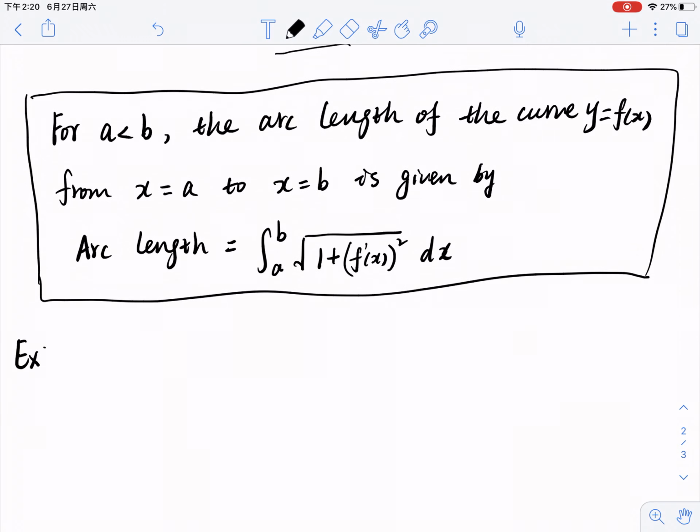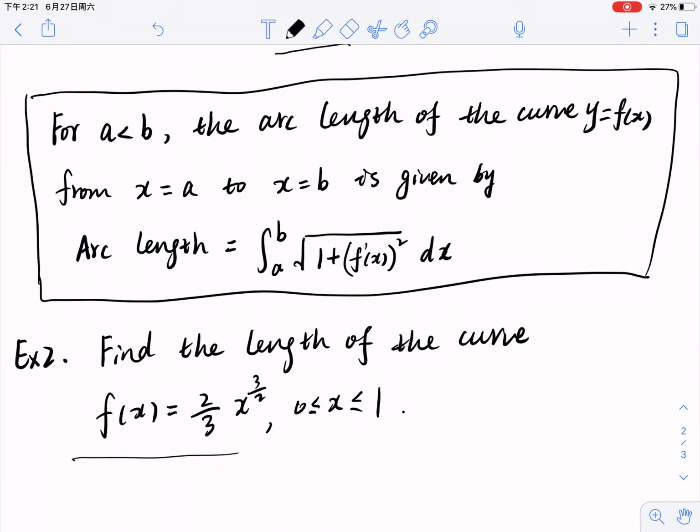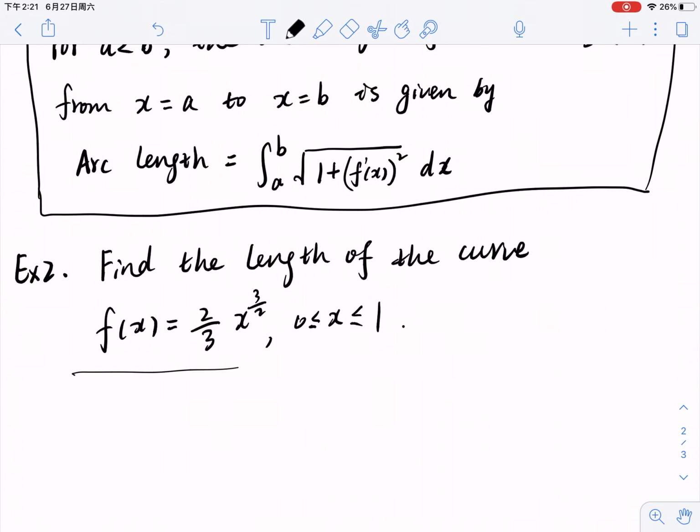So now we look at the second example. Find the length of the curve f of x is 2/3 x to the power 3/2, where x is from 0 to 1.